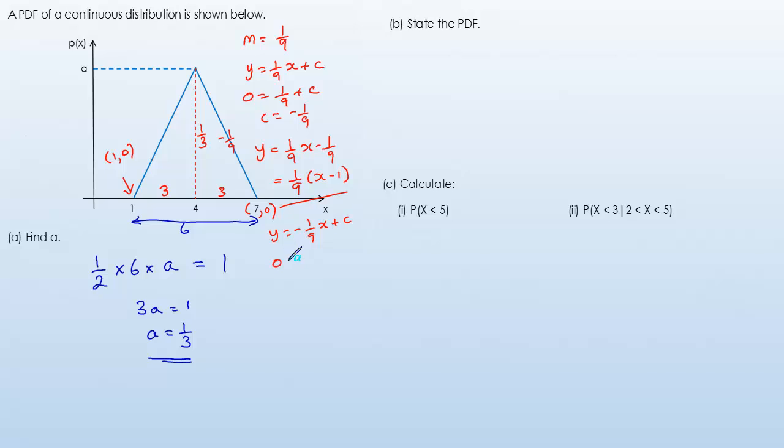So we can have 0 is, when x is 7, negative 7/9 plus a constant. So our constant is 7/9, giving us y is negative 1/9 x plus 7/9, which we could write as 1/9 of (7 minus x).